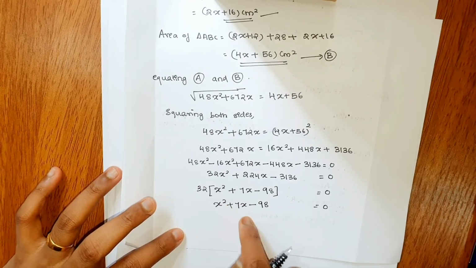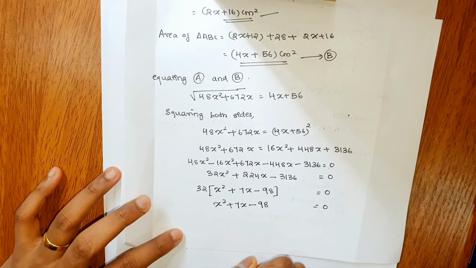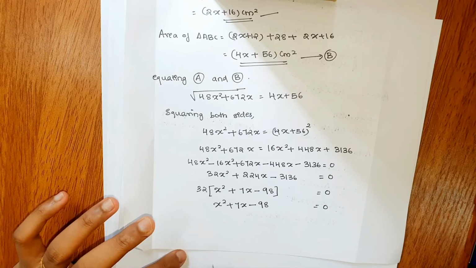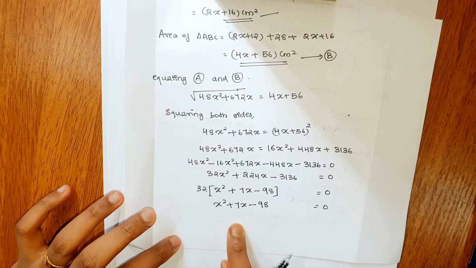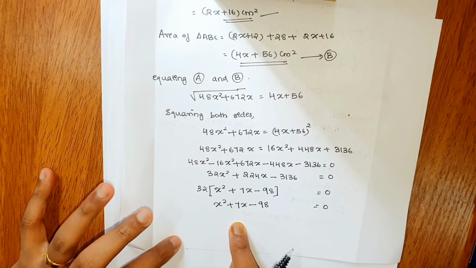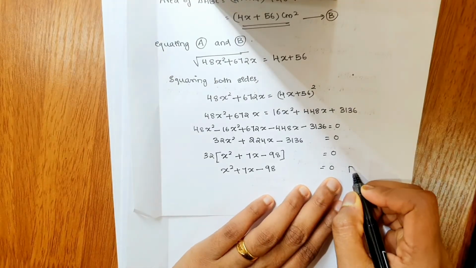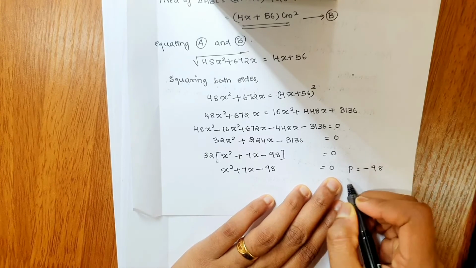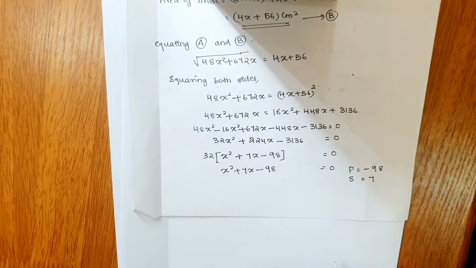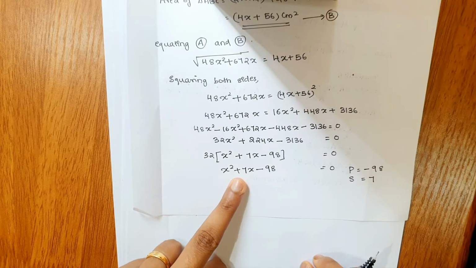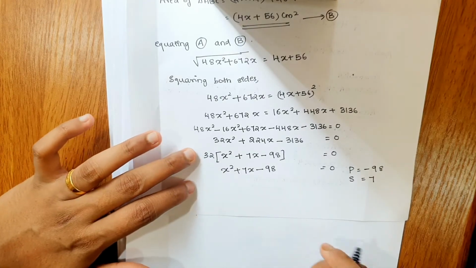What do we have to do? We have to find the value of x from here. Right? So how can we find the value of x? By middle term splitting we can find the value of x. So here the product is minus 98 and the sum is 7. Okay. So we have to find two numbers. It is 14 and minus 7.